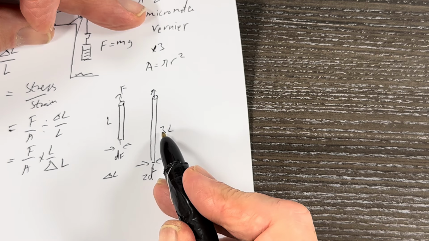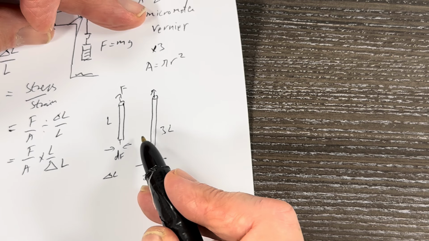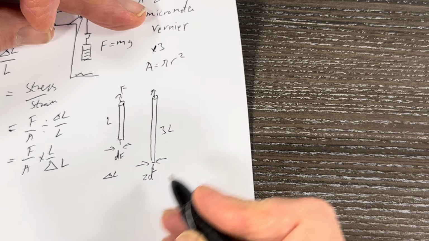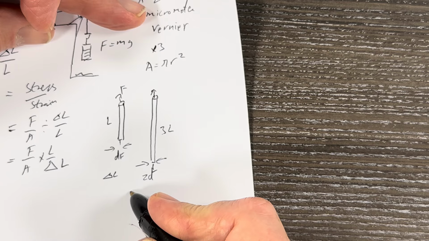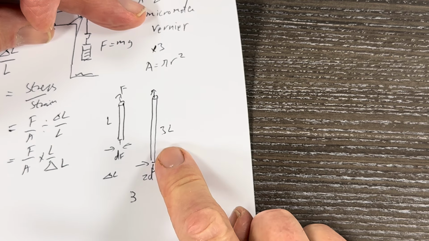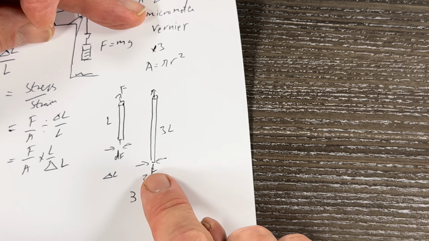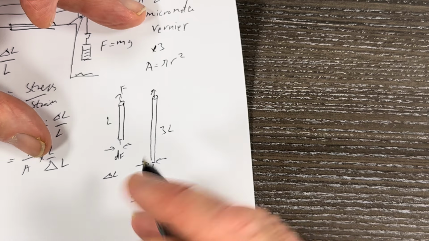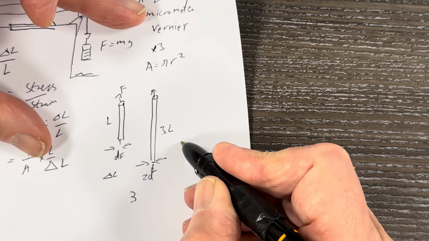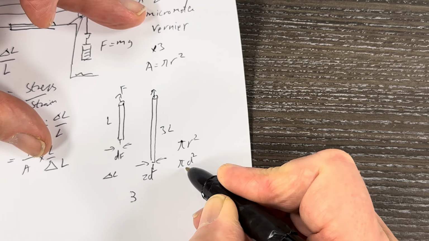So the first thing we can see is, because it's 3 times as long, with the same force, that would give us an extension 3 times more. So if the only change was the wire being 3 times longer, we'd get 3 times more extension. But it's also got twice the diameter. The area of a wire is pi r squared or pi d squared over 4.